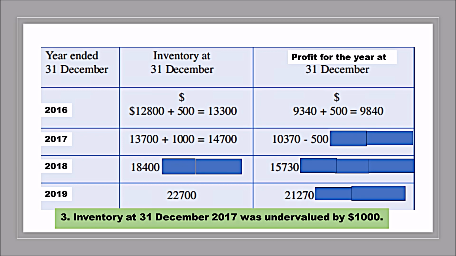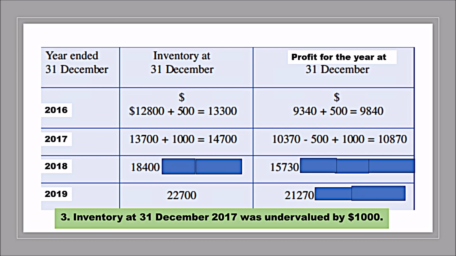Since we mentioned earlier a direct relationship between closing inventory and profit, and since closing inventory has increased, profit also will increase by 1,000, hence giving a corrected profit figure of 10,870.